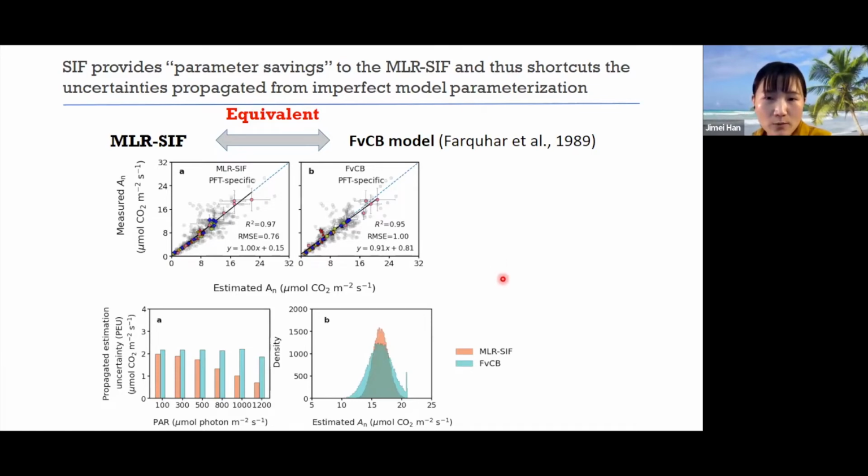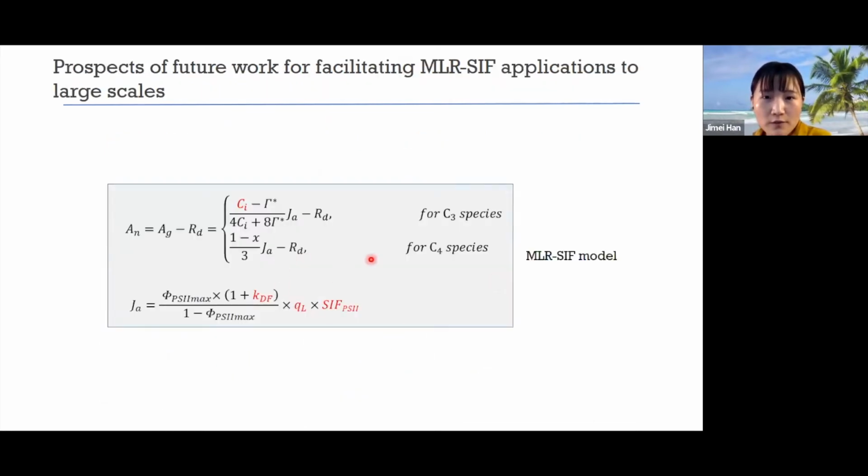Again, we compare these two models not because we want to show which model is better than the other or which model has a weakness, but we only want to show that our model takes advantage of information carried in SIF, so that it will decrease the uncertainties of photosynthesis estimations. To further extend our model to larger scales, we still have more work that needs to be done in the future.